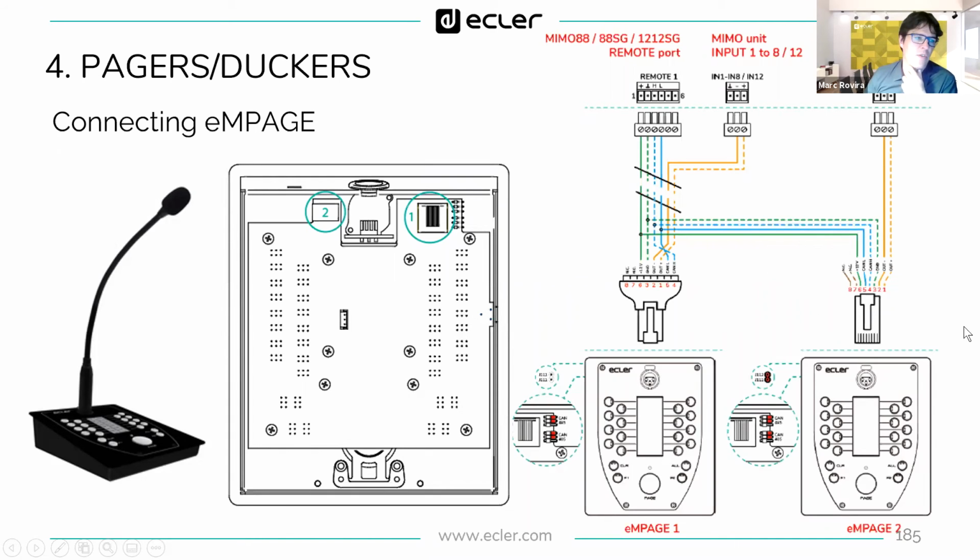You will for the second unit, the third one and the fourth one. MIMO 88 is up to 4 units. MIMO SG 88 SG or 1212 SG, it's up to 3 units. Remember, you have 3 pager ducking modules, or 4 pager ducking modules, okay?